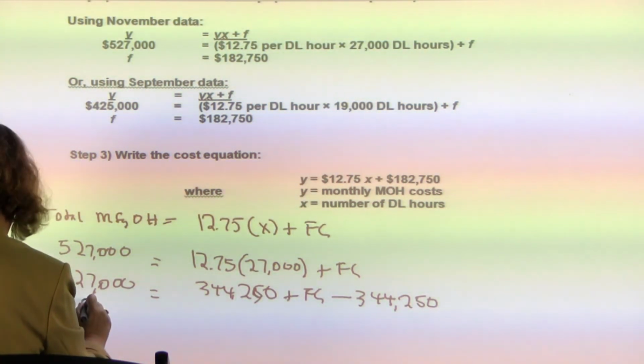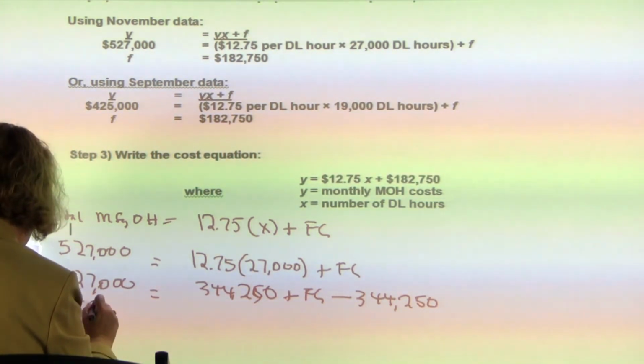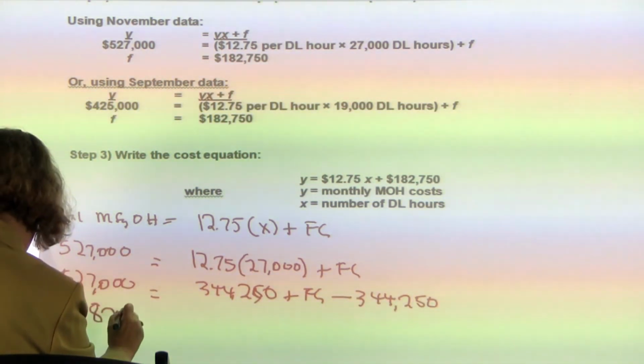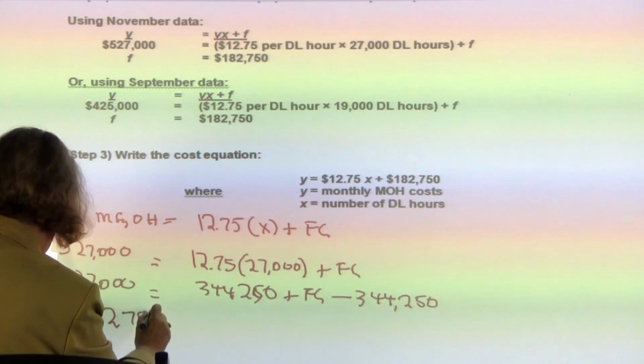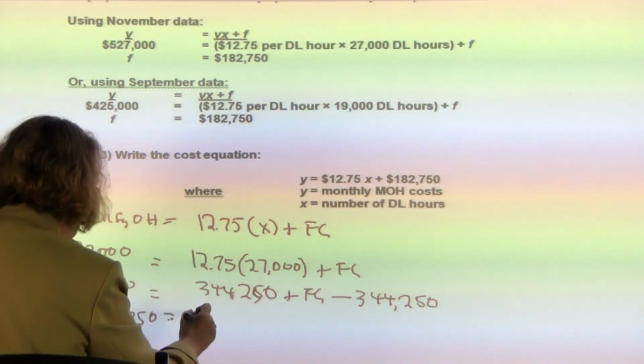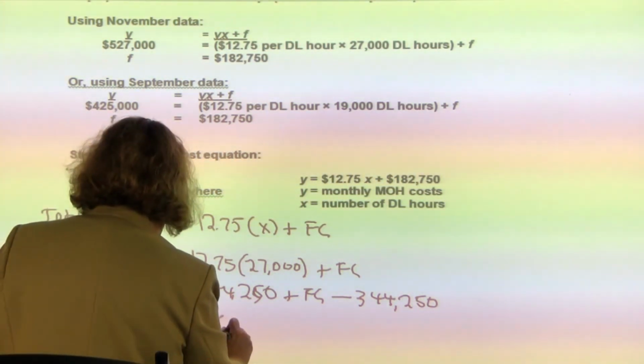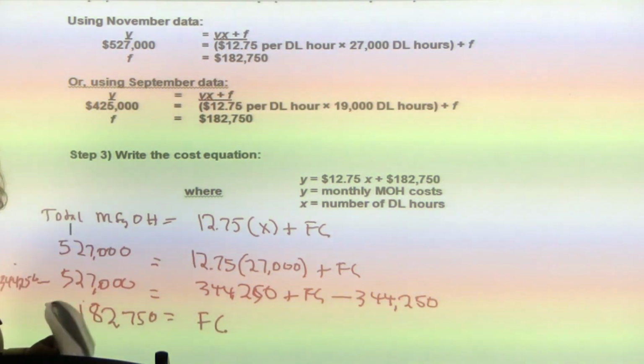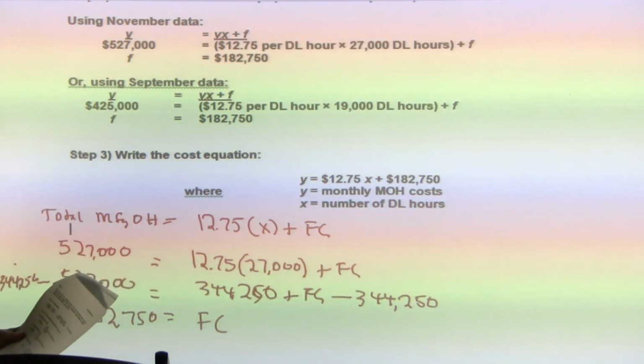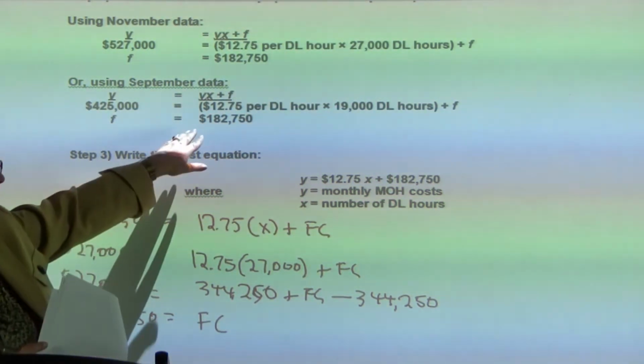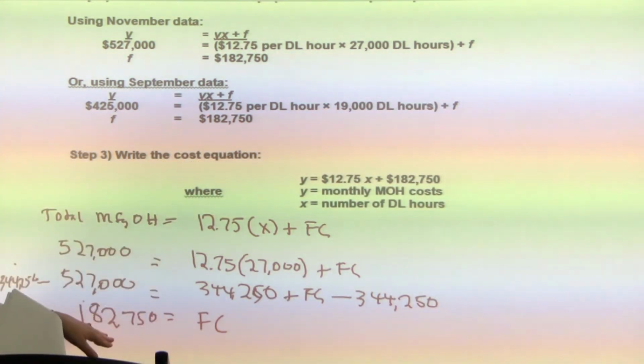That leaves you with 182,750 is equal to your fixed cost. So that's how we came up with this 182,750 as your fixed cost.